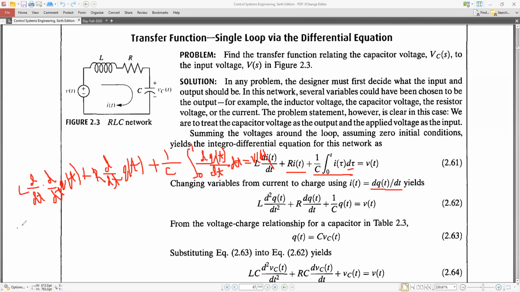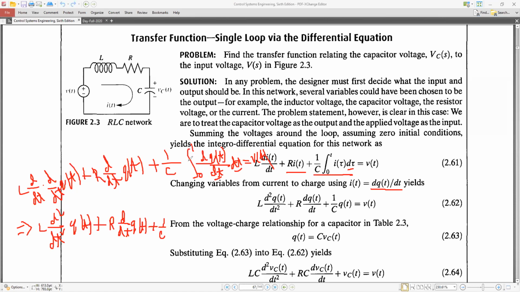Okay, now we can write this one: L d square q(t)/dt square plus R d/dt of q(t) plus 1 over C. See, this is dt and this is also dt.